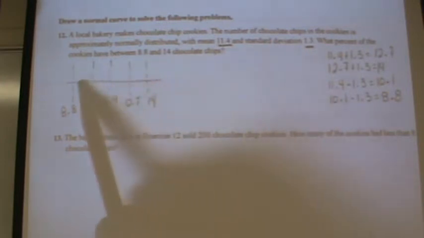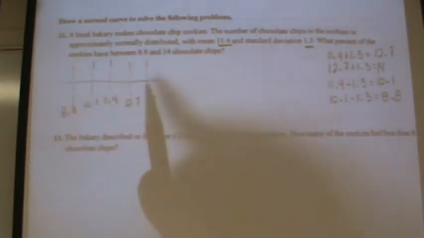So we need to find the percent of cookies that have between 8.8 and 14 chocolate chips. So that's finding the area underneath these 2 full standard deviations. And the quick way to do that is remembering that included in 2 full standard deviations is 95% of our data. However, we also can add the percentages.